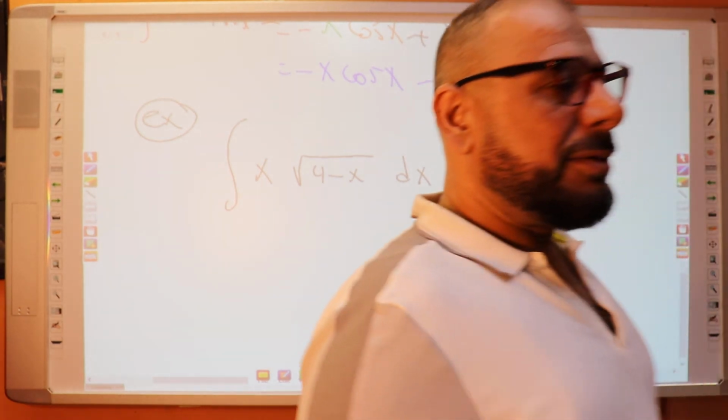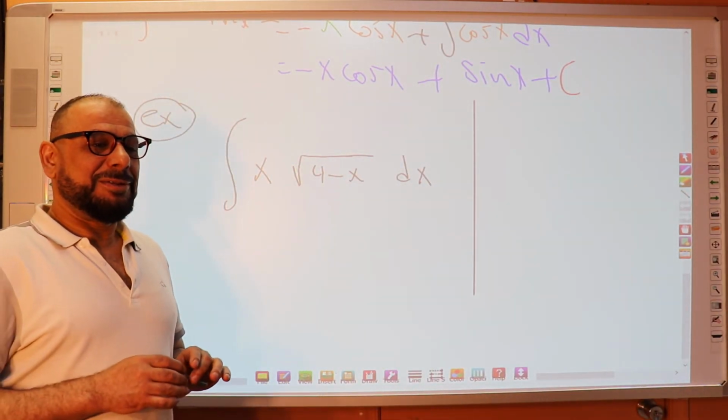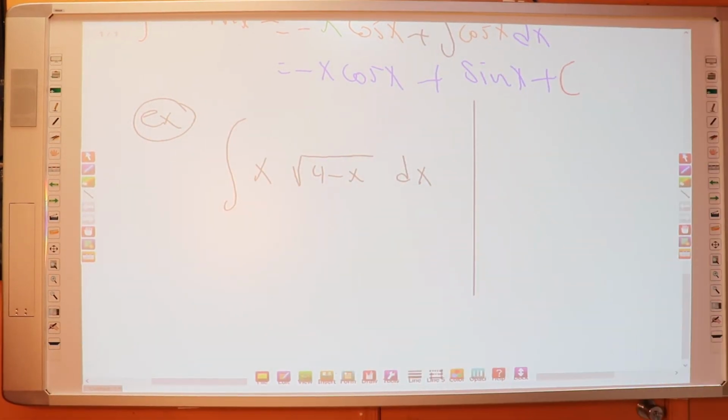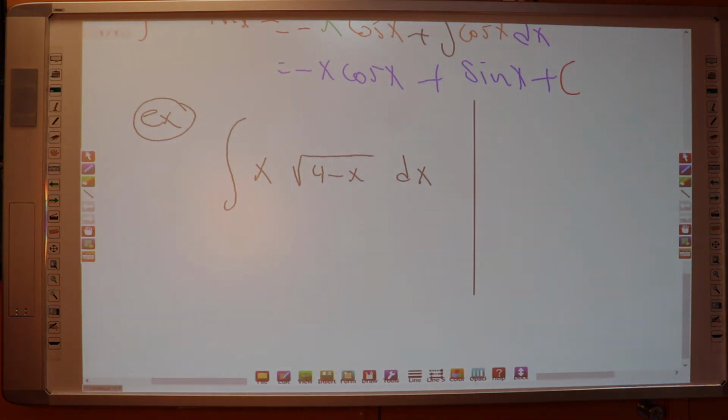The question is two parts. Letting dv equal that, and then the other one is to integrate by letting u equal the inside of the square root.